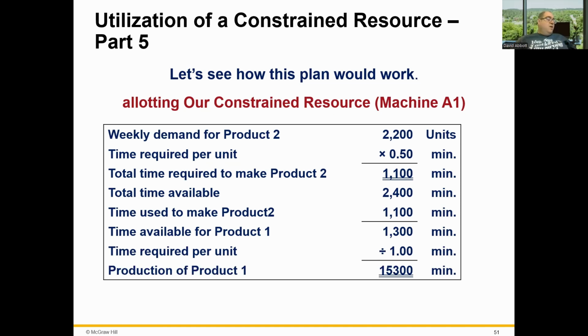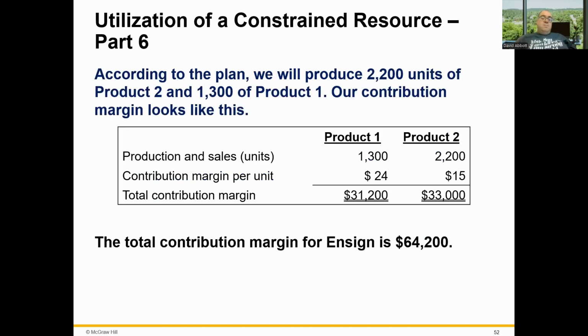Since each unit of product 1 requires 1 minute of A1 machine time, Ensign could produce 1,300 units of product 1 with the remaining capacity. This mix of production, 2,200 units of product 2 and 1,300 units of product 1, would yield a total contribution margin of $64,200.